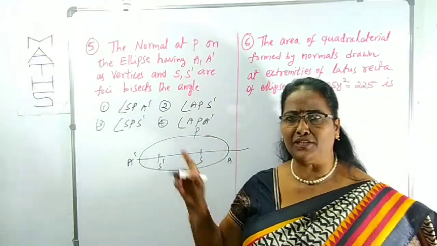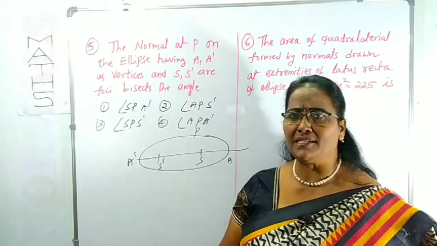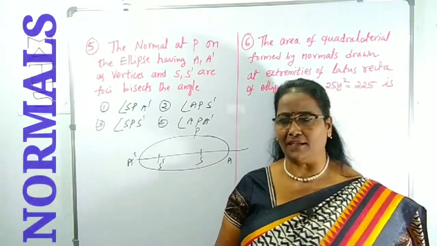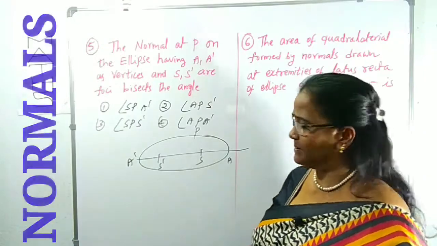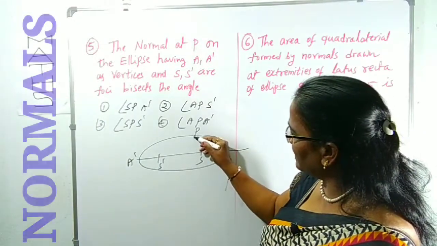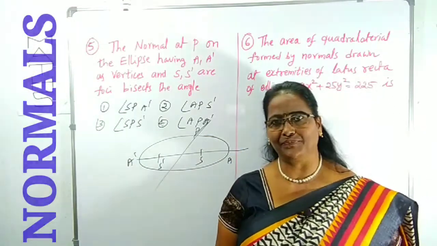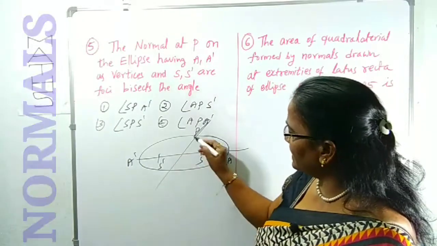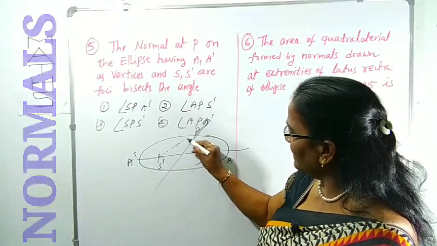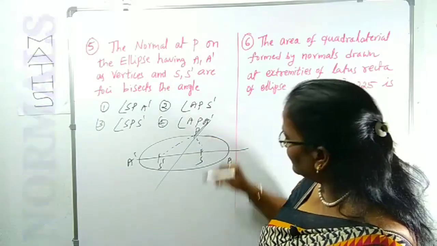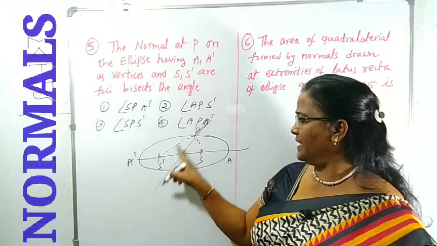Just now, only for the previous question, the normal is always passing through the curve. What is the curve here? Ellipse. We can draw the normal at P like this. Which angle does it bisect?